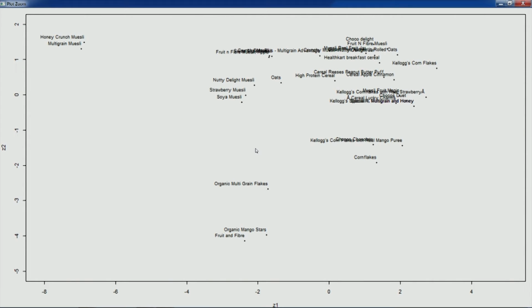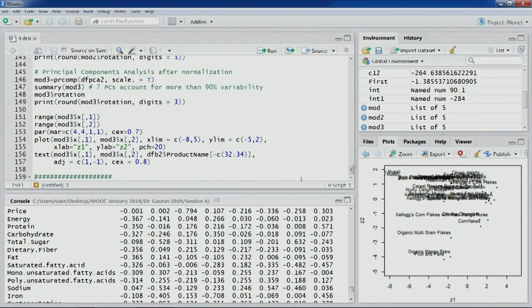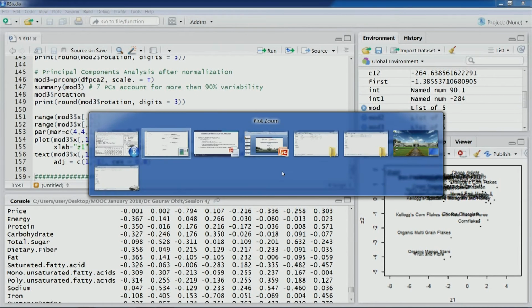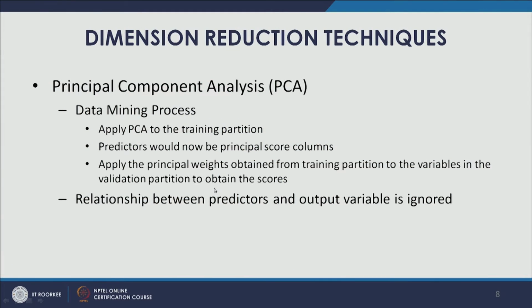So therefore more healthy cereals would slightly be in the mid section, and then left mid section. That is where probably more healthy options are. So let's go back to our discussions.